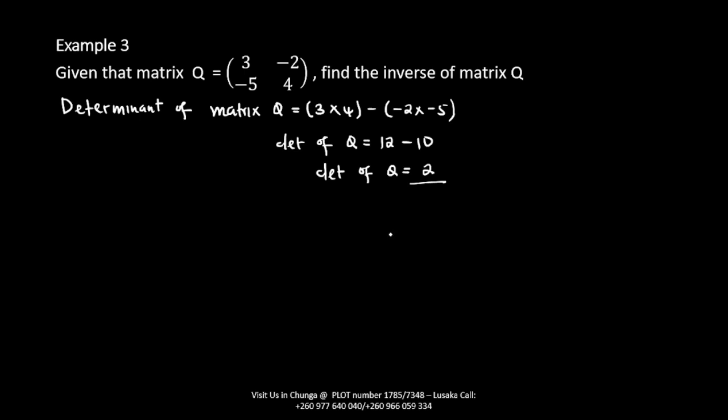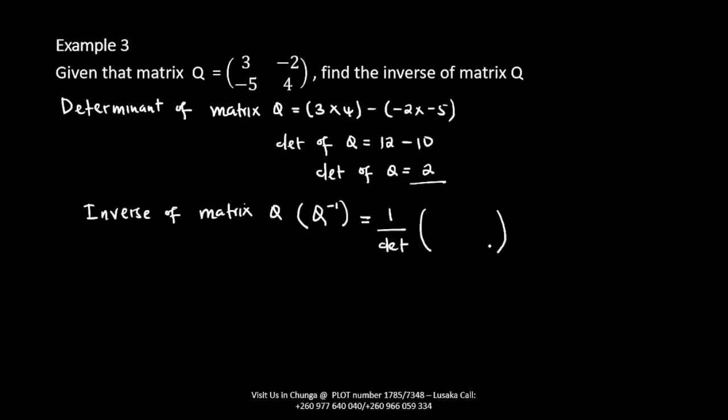But the question says find the inverse. So what are we going to do? We shall say that inverse of matrix Q, which can also be denoted as this, is equal to 1 over the determinant. Now listen, remember what we said? The elements in the major diagonal, they interchange.